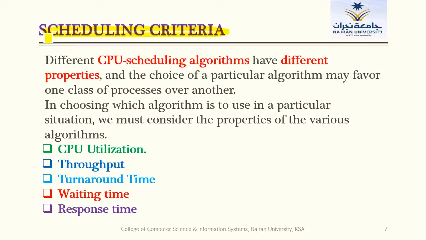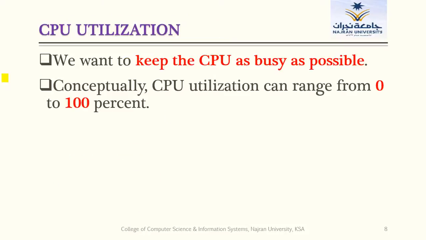Then we discussed scheduling criteria. Whenever we are going to select any scheduling algorithm, we need to keep in mind these five things: CPU utilization, throughput, turnaround time, waiting time, and response time. So what is utilization? We want to keep the CPU as busy as possible.